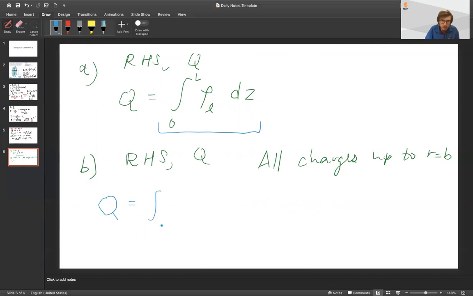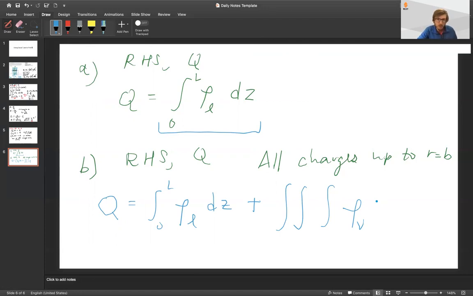So we're going to need to find a Q that's equal to this: the 0 to L integral, which you've already done, plus all of the charges in that volume given by the volume charge density.